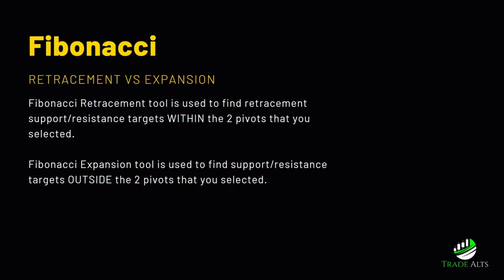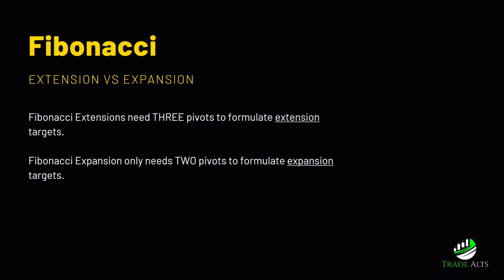Whereas the Fibonacci expansion tool, which is what this video is about, is used to find the support and resistance targets outside the two pivots that you select. So retracement inside, expansion outside.